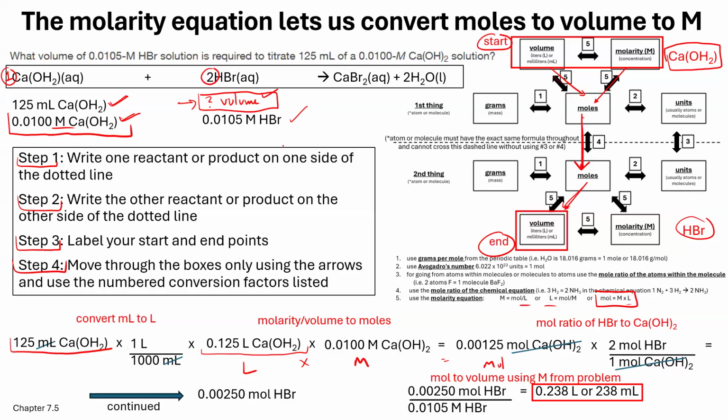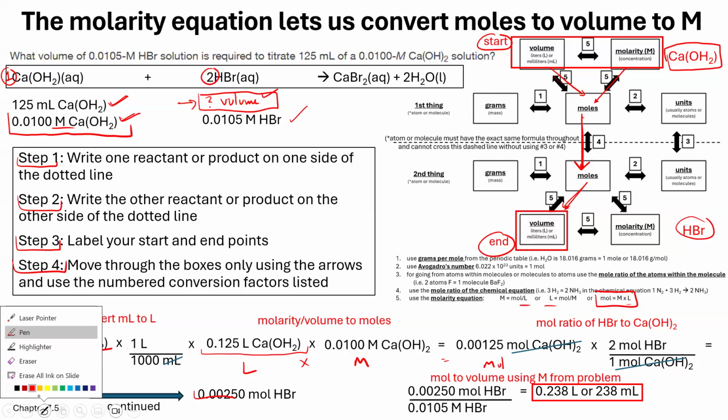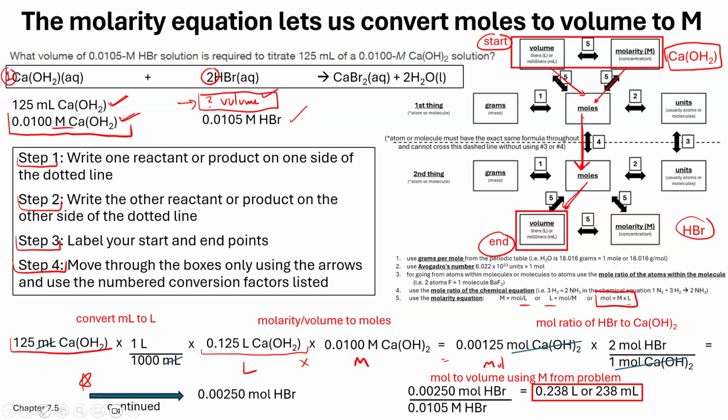That's the mole ratio, and we continue over here. We got 0.00250 moles of hydrobromic acid. That's how many moles it took to neutralize 0.00125 moles of calcium hydroxide. And it's true, because it's a 1-to-2 ratio, so that works for us.